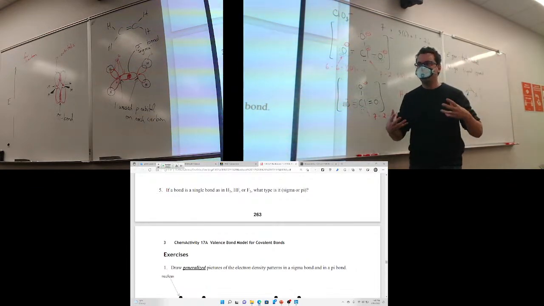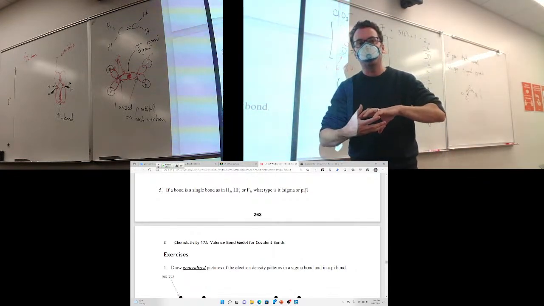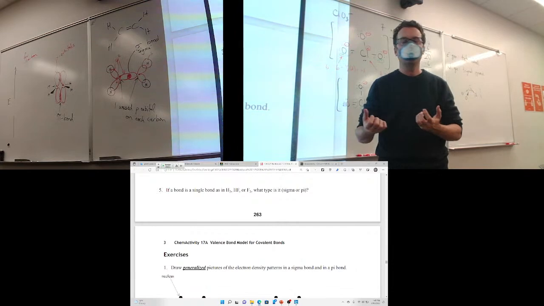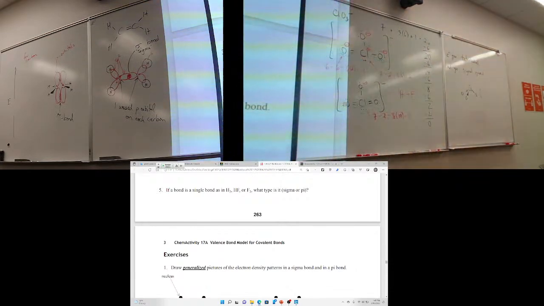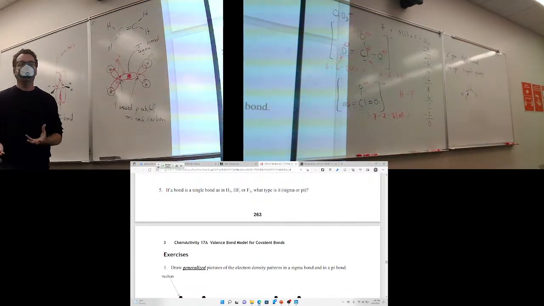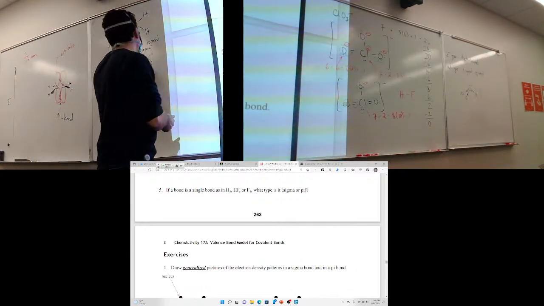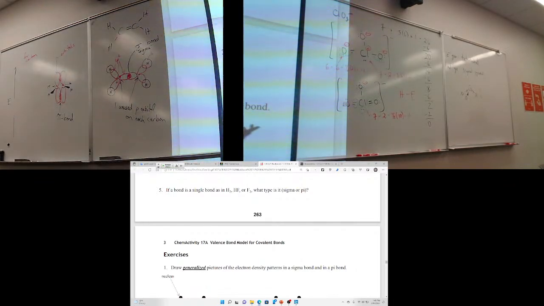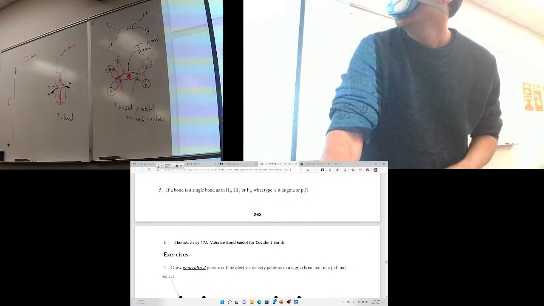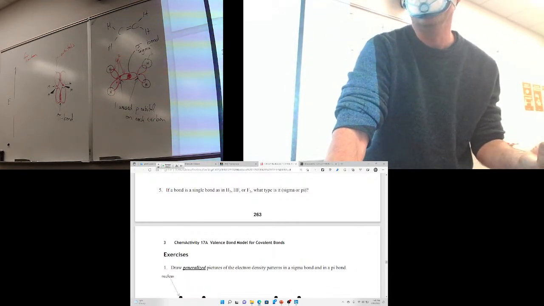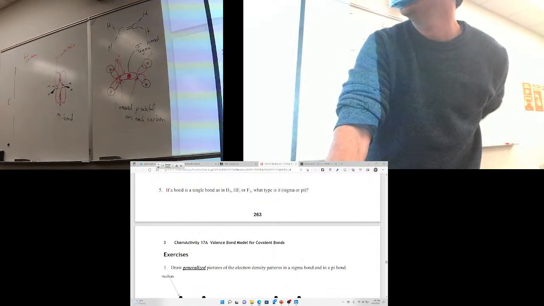Sigma describes the kind of overlap done between orbitals to create that bond. It's pretty simple. Single bonds are generally sigma bonds. So sigma, sigma, sigma, all of them are sigma bonds, and all of them happen to be single bonds. The double bond in the middle, half of it is a sigma bond, half of it is a pi bond.